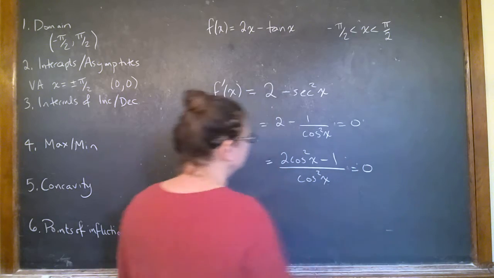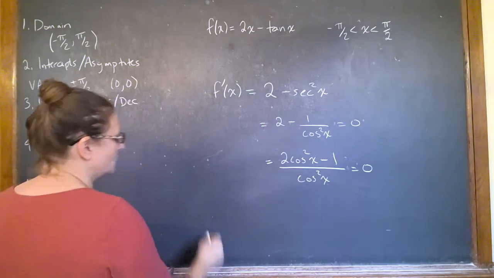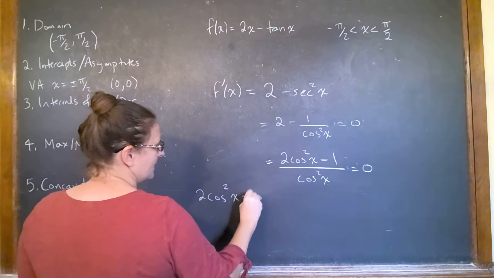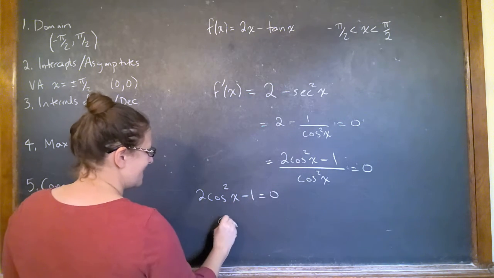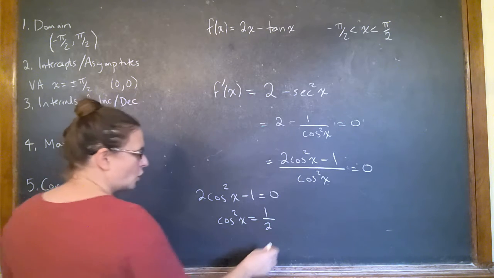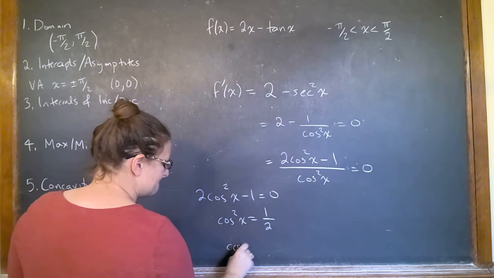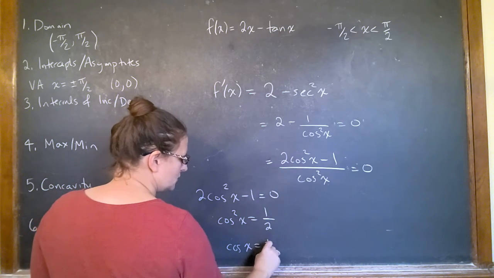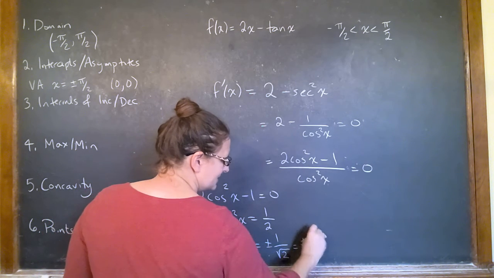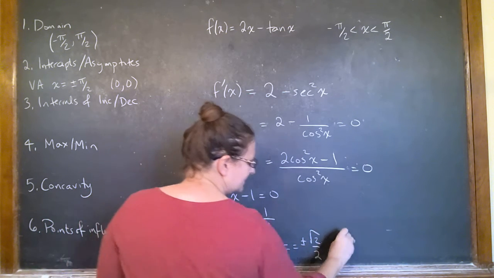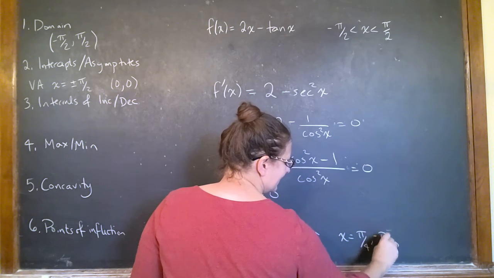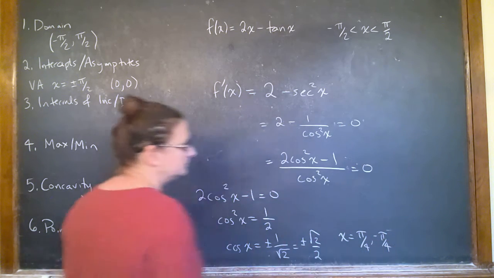So I have 2 cosine squared x minus 1 equals 0. Cosine squared x equals 1/2. Cosine x is equal to plus or minus 1 over square root of 2. We know what that is, that's root 2 over 2. That's going to give me x equal pi over 4 and negative pi over 4.